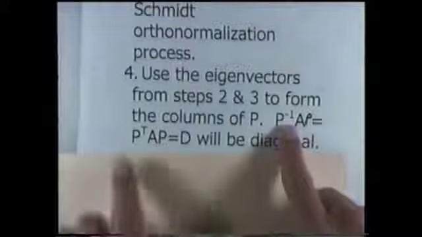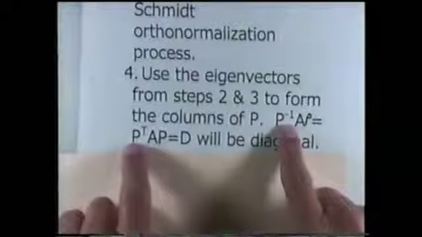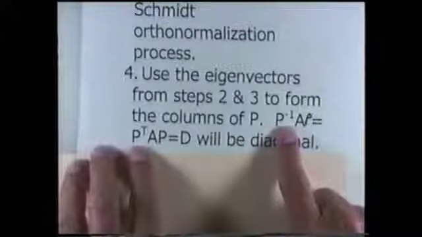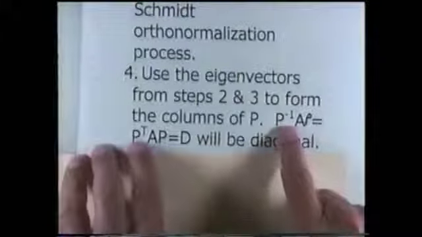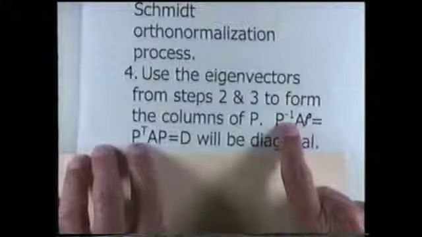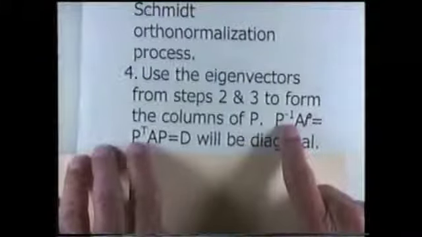P inverse is equal to P transpose in this case, because what we're doing is creating that orthogonal matrix P. This was the definition of an orthogonal matrix that we discussed earlier.